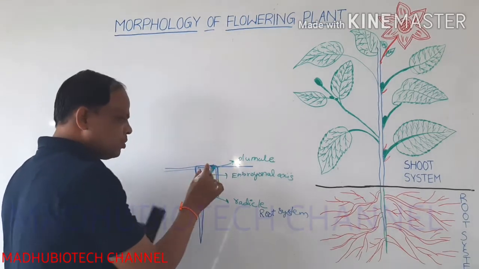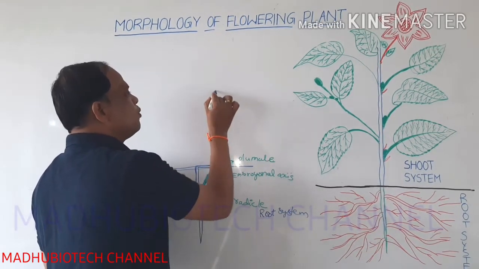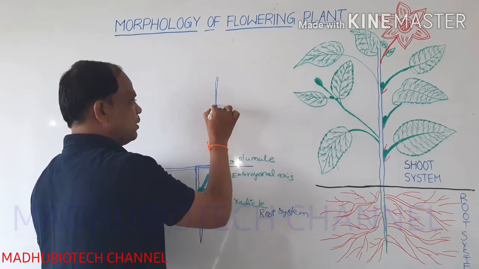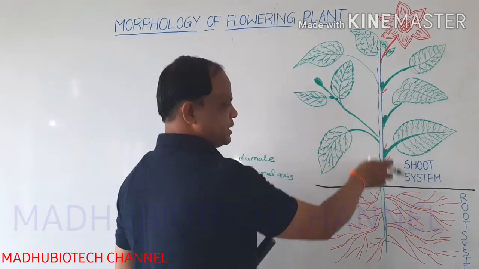And the plumule grows upwards in a phototropic manner. So this is called the shoot system.